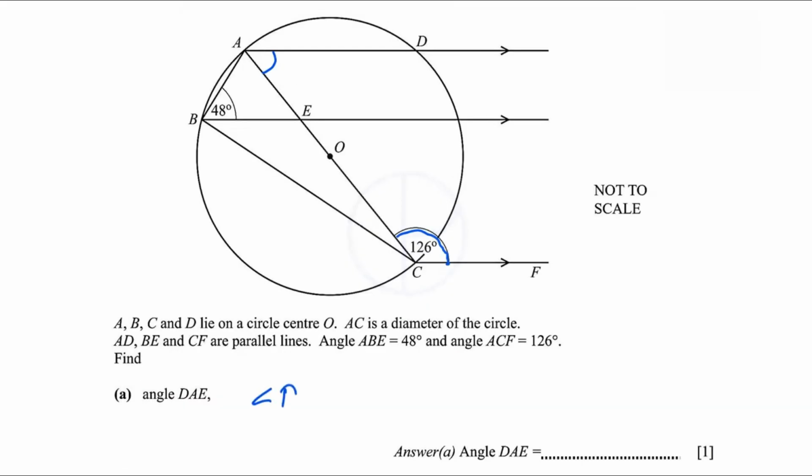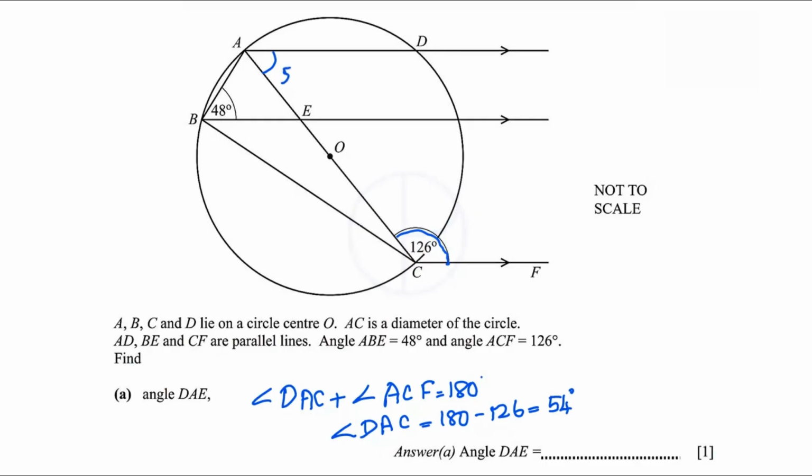So angle DAC plus angle ACF is 180. So angle DAC is 180 minus 126, which is 54. So this is 54. So then angle DAE is also 54.